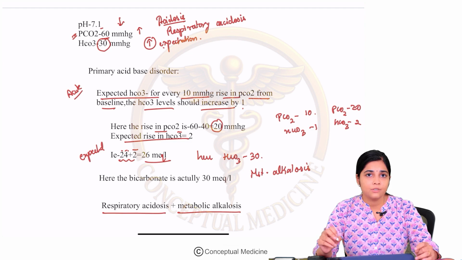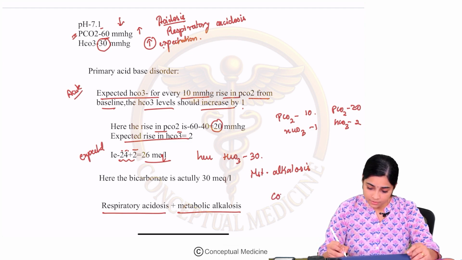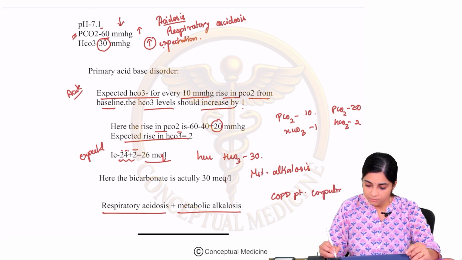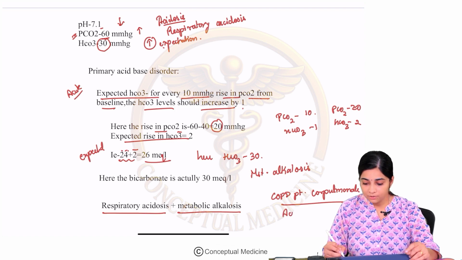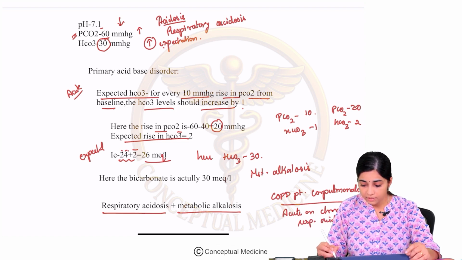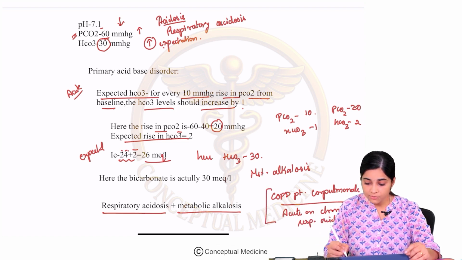Which common scenario do you find it in, right? So for example, a COPD patient admitted with cor pulmonale. If he is admitted with cor pulmonale, he has an acute on chronic respiratory acidosis, right? Now, because of the cor pulmonale, there is some pedal edema, elevated JVP.